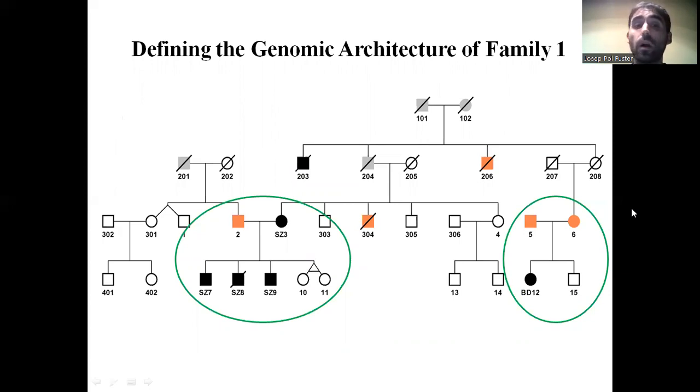In family 1, we were able to identify 2 different genomic architectures. One for the nuclear family comprising subjects schizophrenia 3, 7, 8, and 9, and another one for the nuclear family comprising subject bipolar 12.